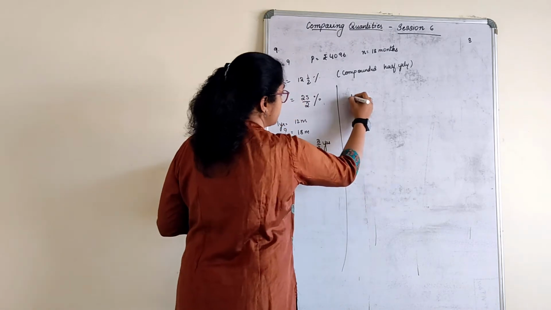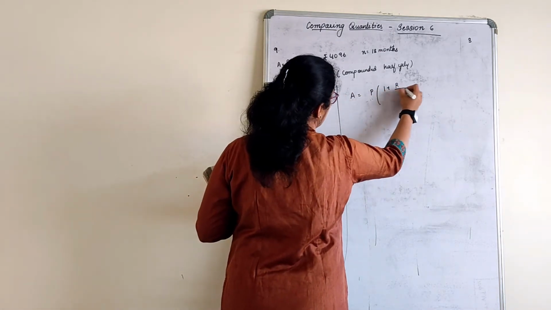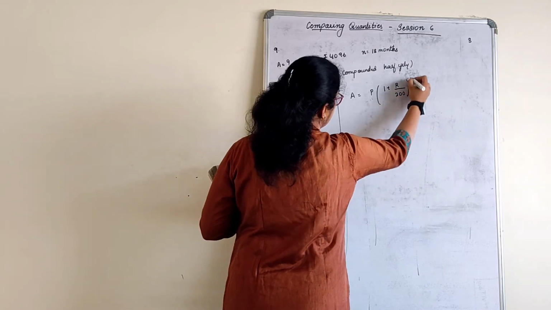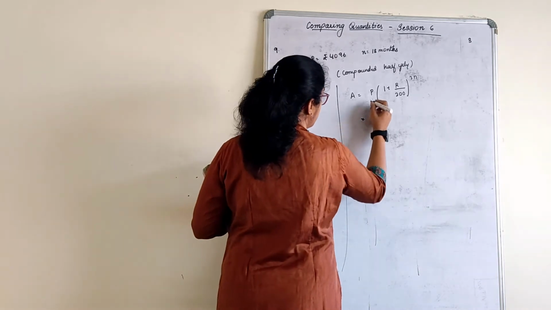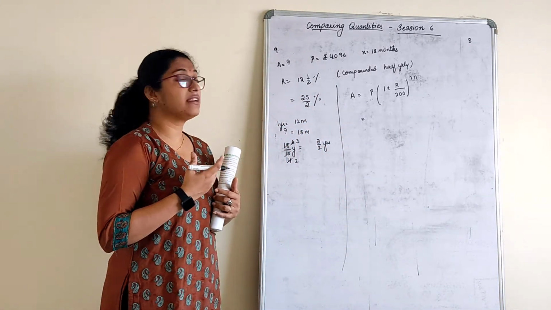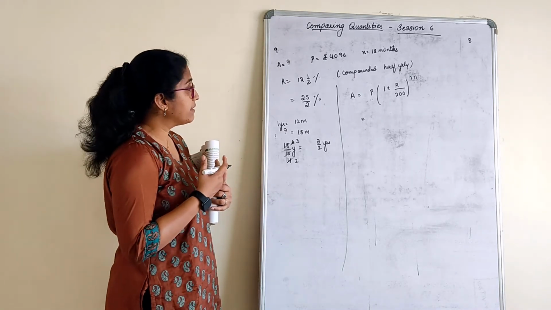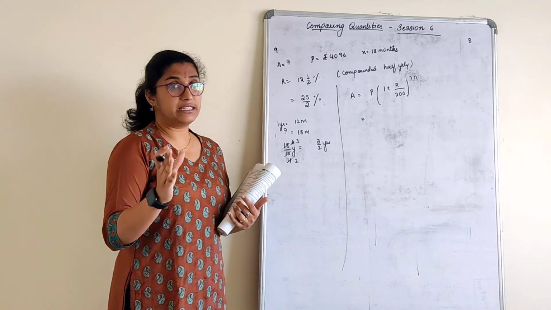Substitute with the formula. Amount is equal to principal times 1 plus R by 200 raised to 2n, because it is compounded half yearly. You can even take this as half yearly, right? Compounding for 12.5, 25 by 2, half of that. But again, we are going to follow one formula as I had told you.